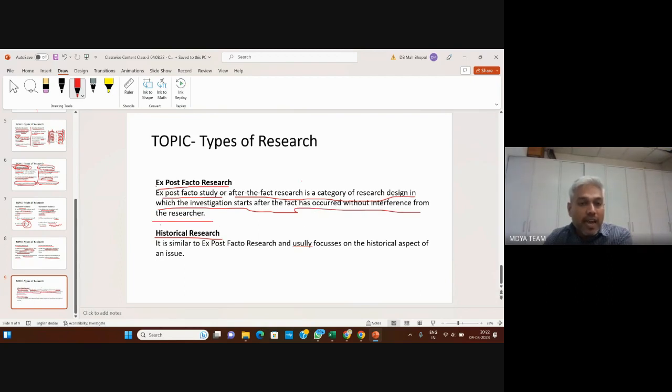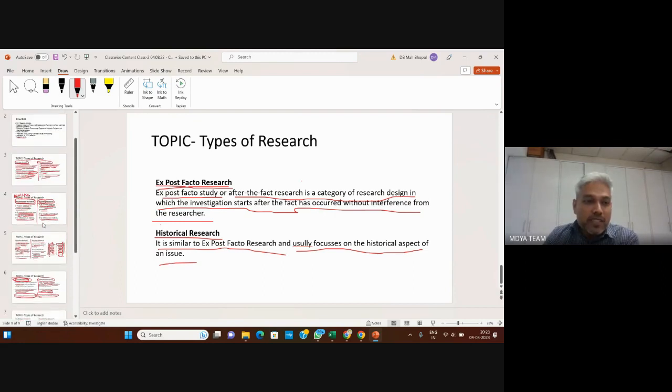This is called ex post facto research. And historical research is similar to ex post facto research and usually focuses on the historical aspect of an issue. So you need not think very much about this.